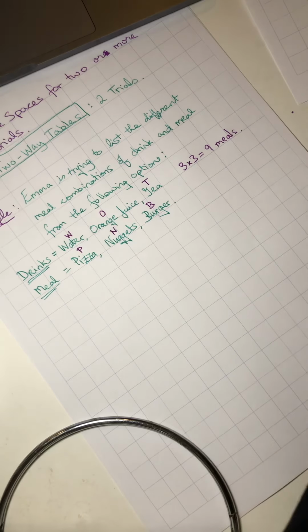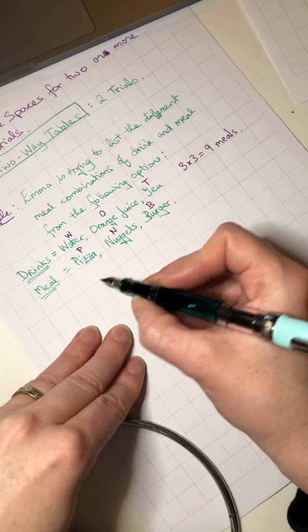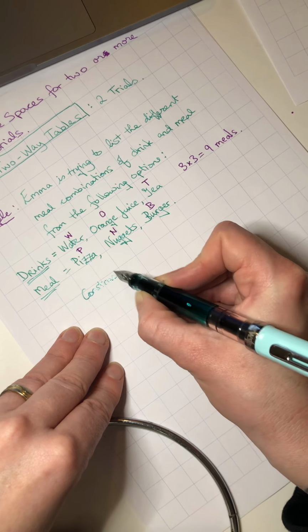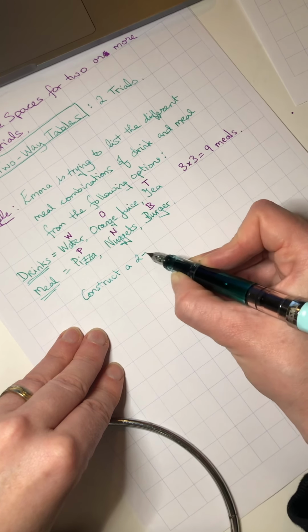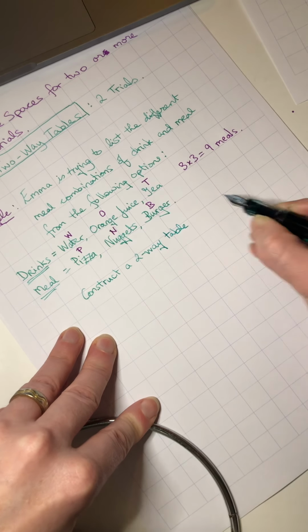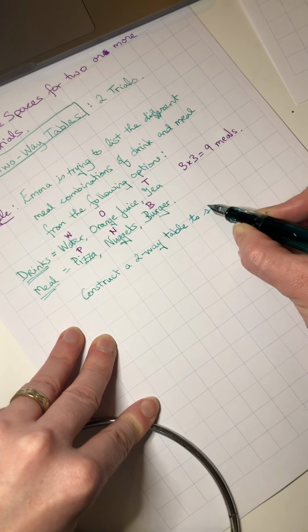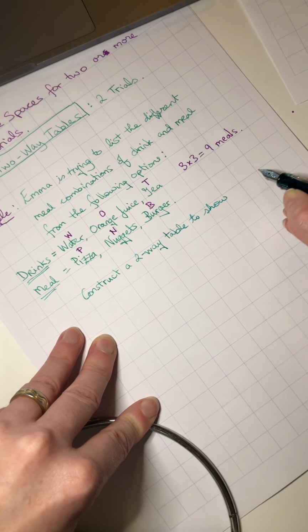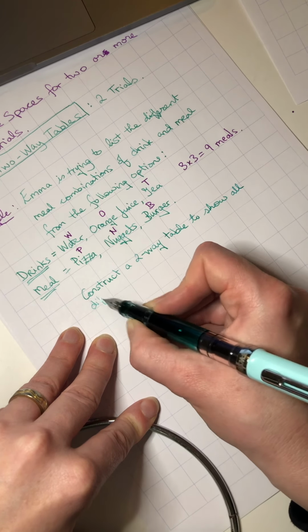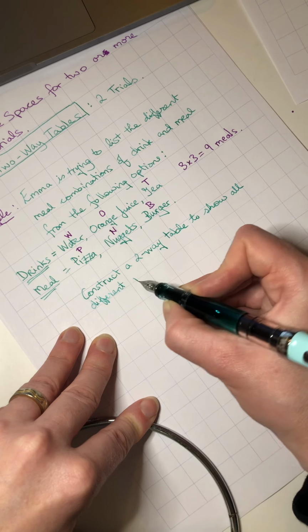And we're going to construct a two-way table. So let's see how the question might be asked like this. Construct a two-way table to show all different possible meals.